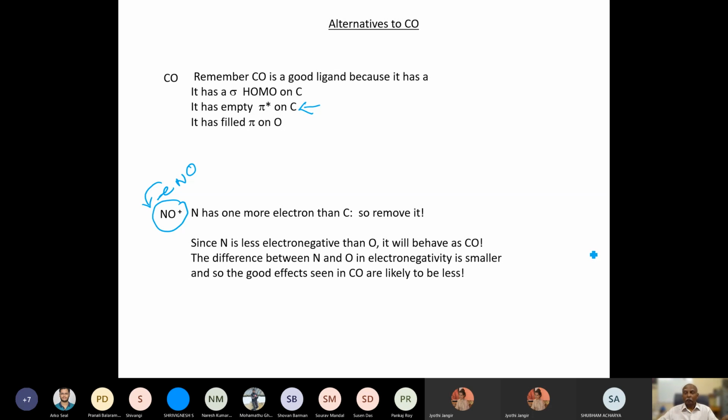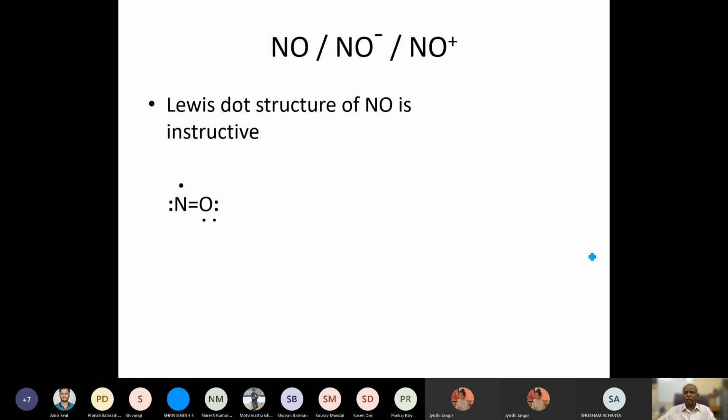But on the other hand, the pi star orbital of the NO should be more willing to accept electron density because it is positively charged, right? So the same argument can be applied for the accepting capacity of NO. That should be a better acceptor. So these things are, in fact, readily understandable.